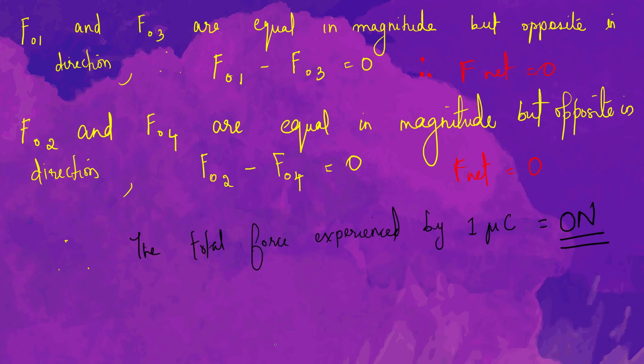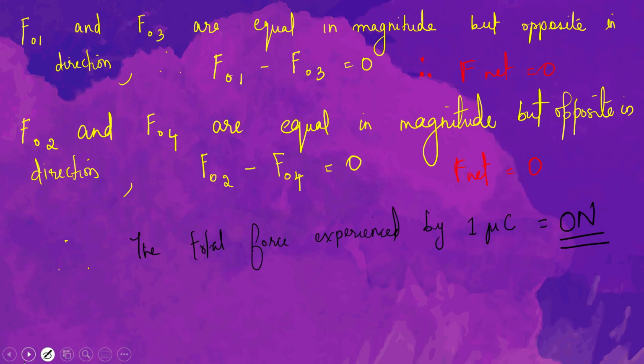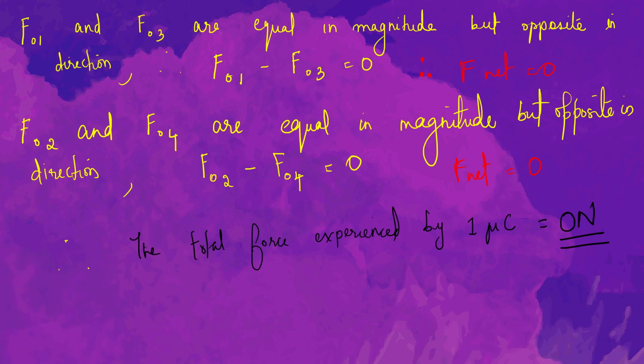See, that's all. So we found the force experienced by 1 microcoulomb. What is it? It is 0 Newton. There is no force acting on plus 1 microcoulomb.